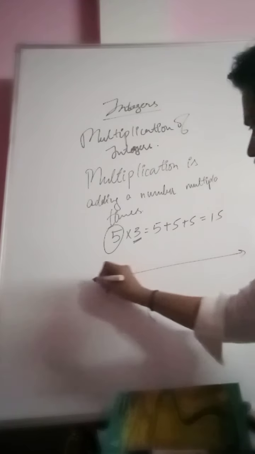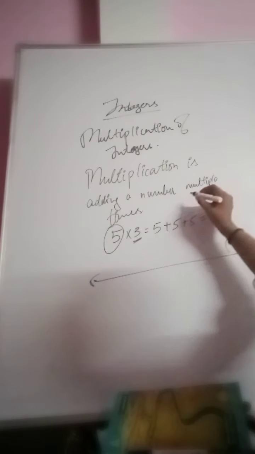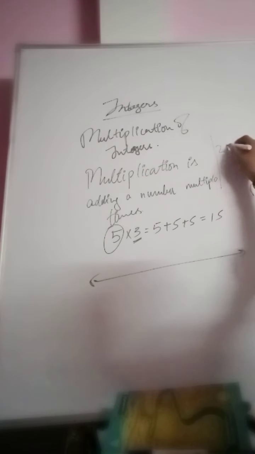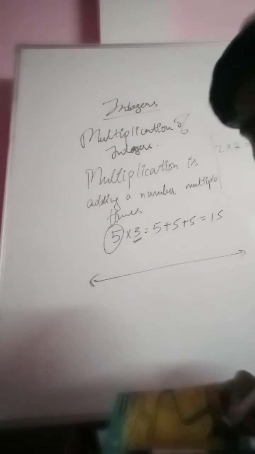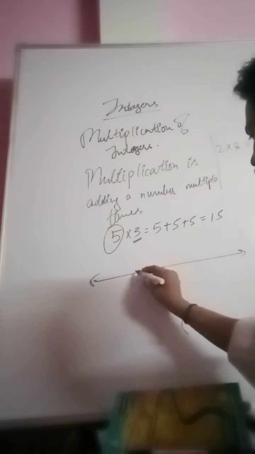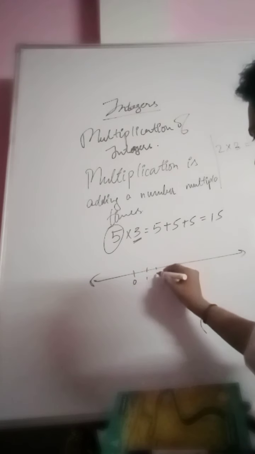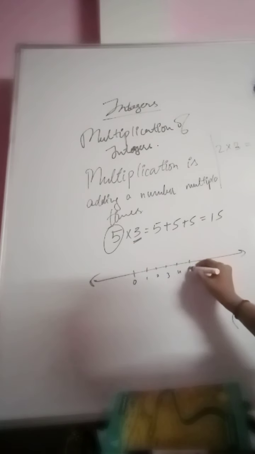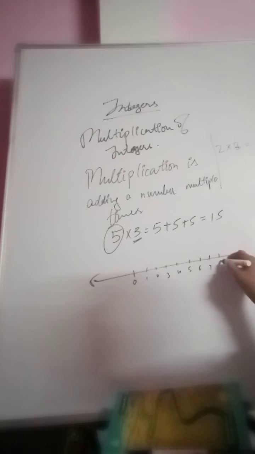That will be 15. If I take a number line and I write that you have to find the product of 2 into 3, it will be what? I'll start from 0, 1, 2, 3, 4, 5, 6, 7, 8.